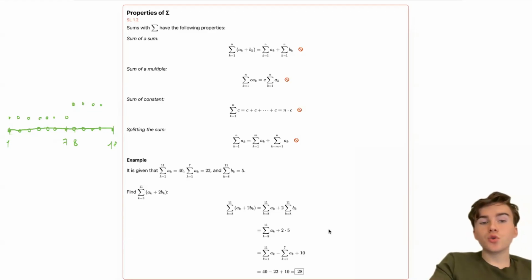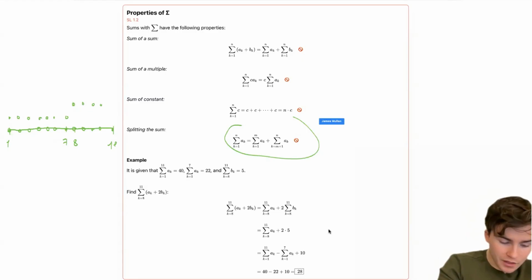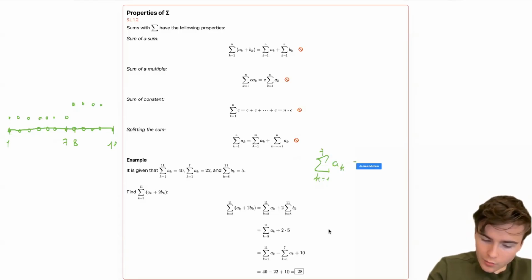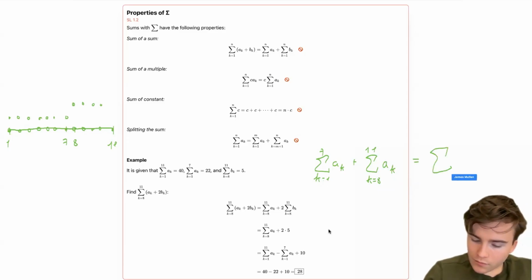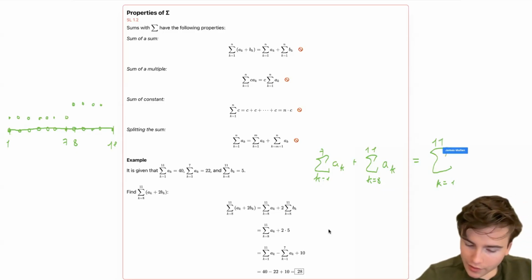And notice that these two complement each other, right? That's according to this rule. If I add the sum from k is equal to 1 up to 7 of a_k plus the sum from k is equal to 8 up to 11 of a_k, that's just the whole sum from 1 up to 11 of a_k.